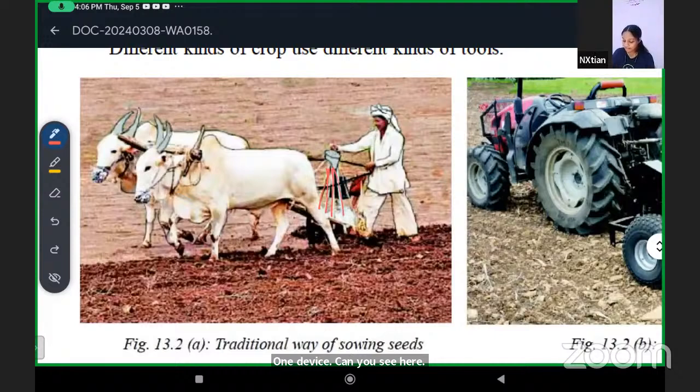And they are attached to the bottom. He is putting the seeds in, and then they go through the different pipes and drop to the soil.